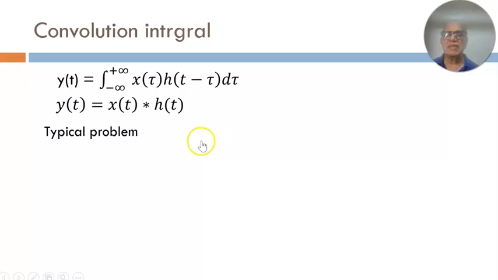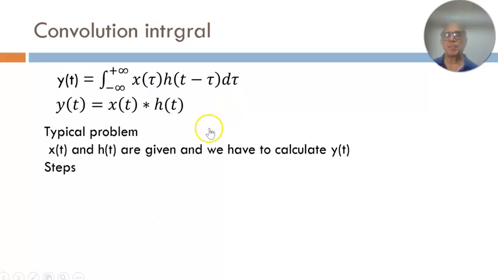So what is a typical problem in convolution studies? Typically the impulse response is known, x(t) is given to you, h(t) is given to you, and you want to find out y(t). So you have to perform the convolution. What are the steps in evaluating the convolution integral? That is what we want to study.